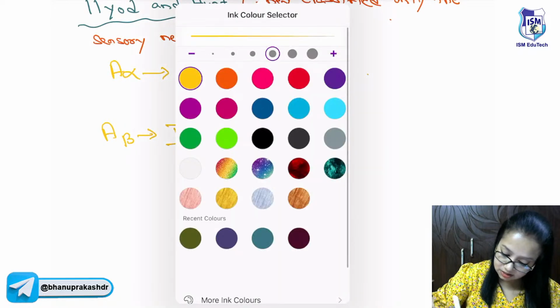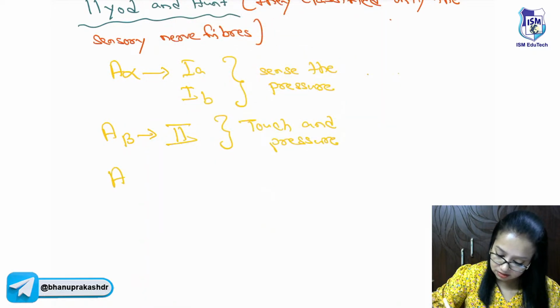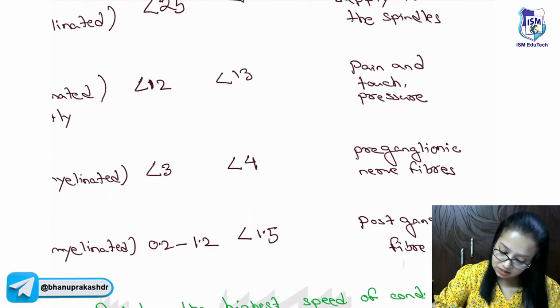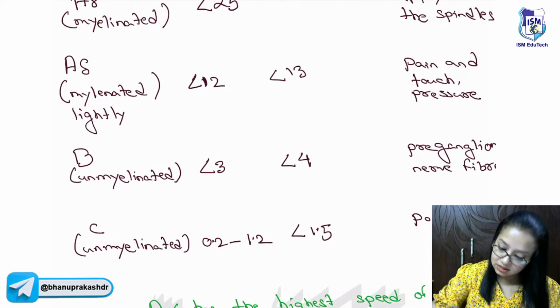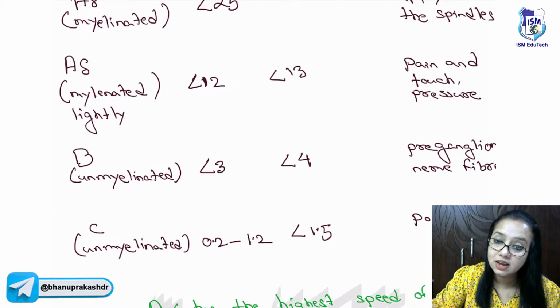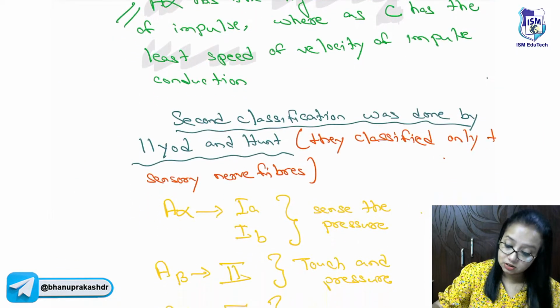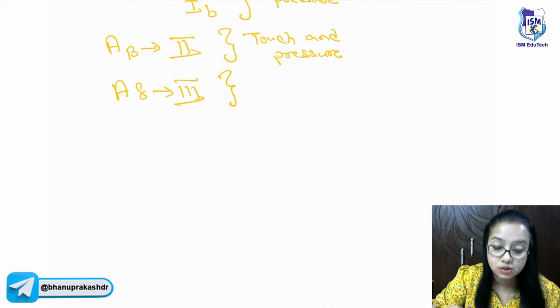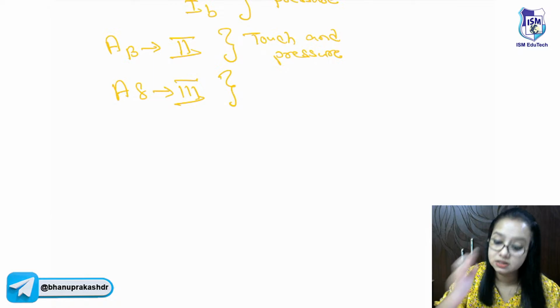A delta has been classified as 3. And what does it sense? Look here. A delta senses pain and touch. And when we classify pain, pain also is induced by the temperature receptor.